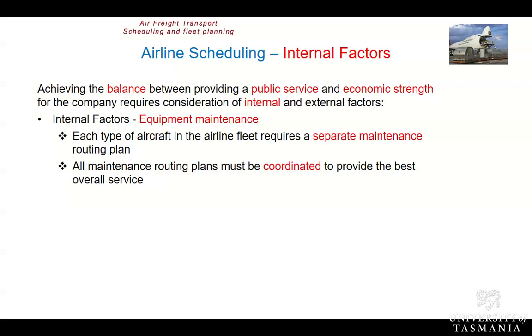And ultimately, the best overall service is going to be a situation where you're going to minimise the negative impact on profitability of taking that aircraft out of your global fleet.